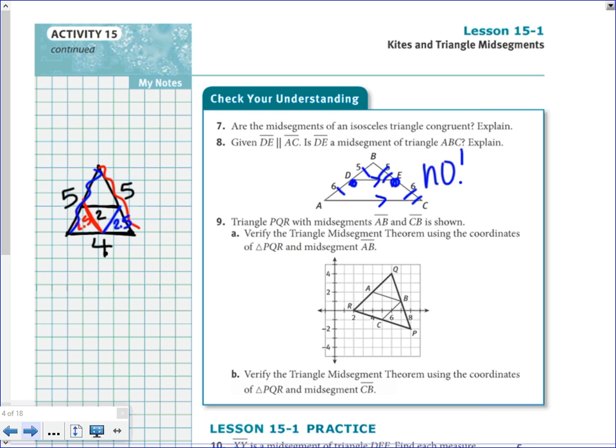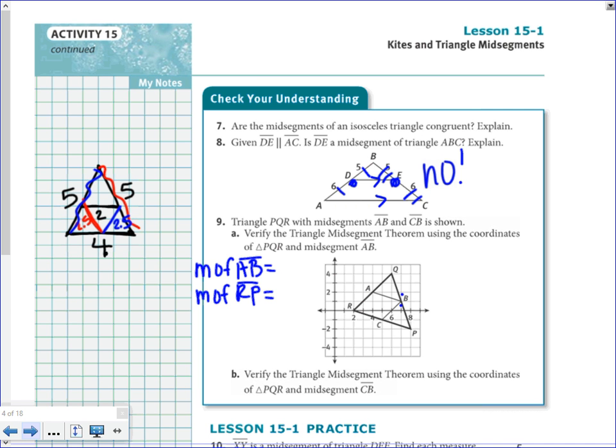So now looking at number 9, we have triangle PQR, and it gives us 2 midsegments, AB and CB. And we want to verify the triangle midsegment theorem using coordinates and the midsegment AB. So we're going to start off with the slope. So we need to find the slope of AB and the slope of RP.